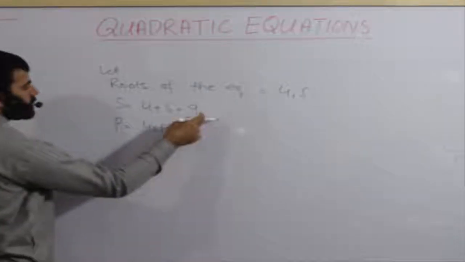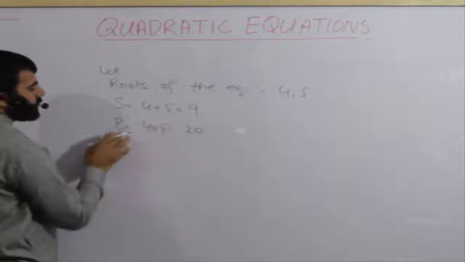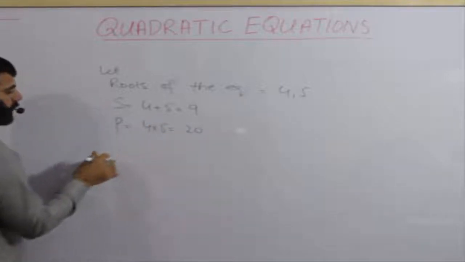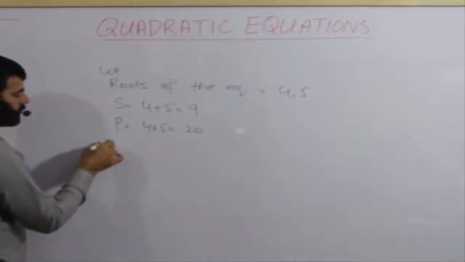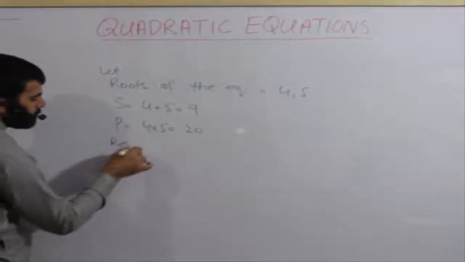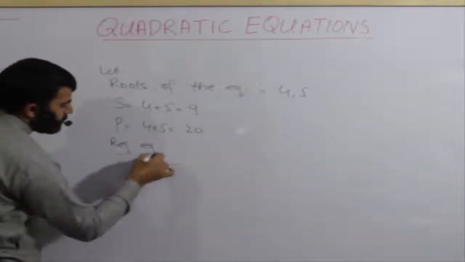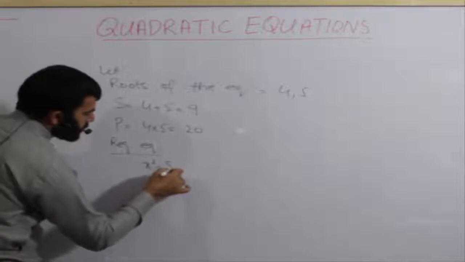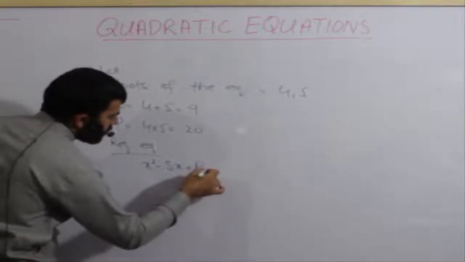So we got two values. The sum of roots is 9 and the product of roots is 20. And we have the required equation: x square minus s of x plus p equal to 0.